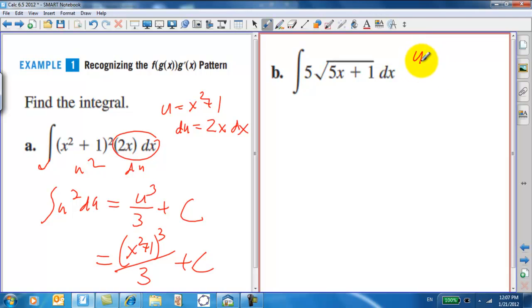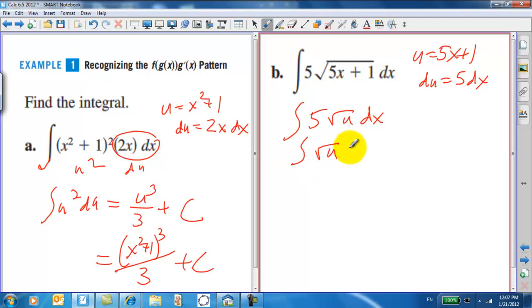Here, in this one, we're going to let u equal 5x plus 1. That's the function inside the square root. So du becomes 5 dx. So this becomes the integral of 5 square root of u dx. I can rewrite it as square root of u times 5 dx, so I can replace all of 5 dx with du: square root of u du. So this is u to the 1/2.